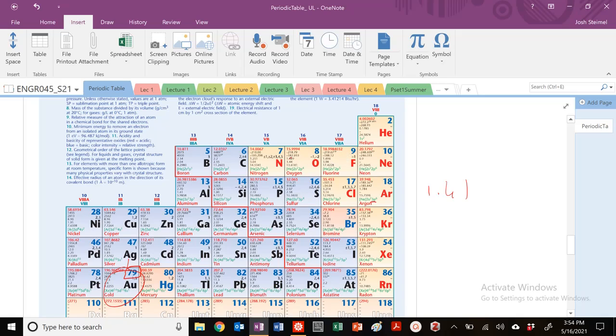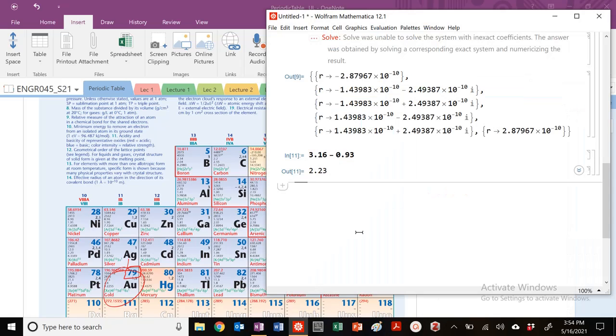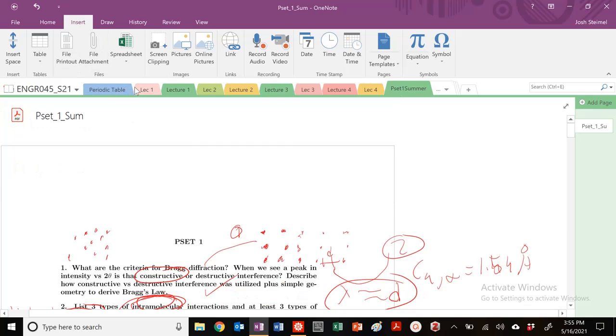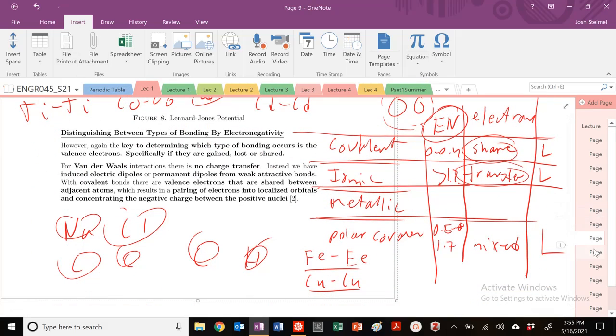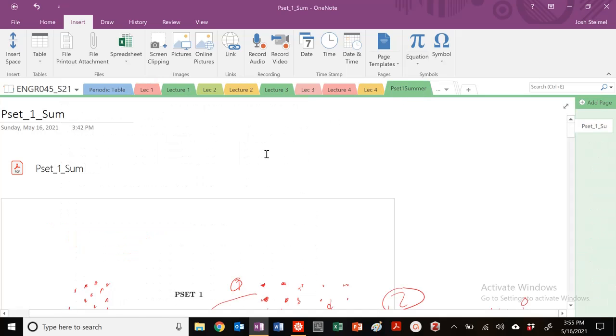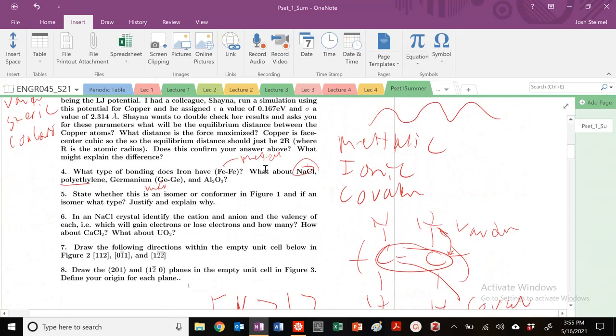O is going to be 3.44. So 3.44 minus 1.61 is 1.83, also ionic. Again, that's just from our lecture notes, and we can double check and look at that right here. Yeah, 1.7. So those are both ionic interactions. Fantastic. So I think that gives us this problem finished.